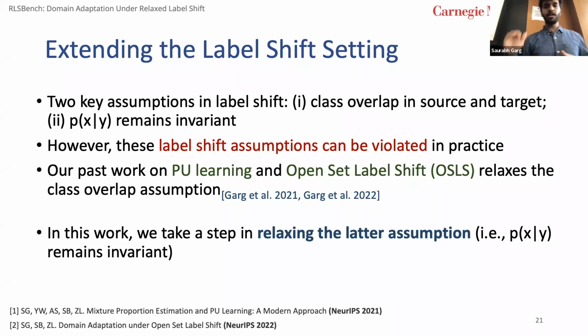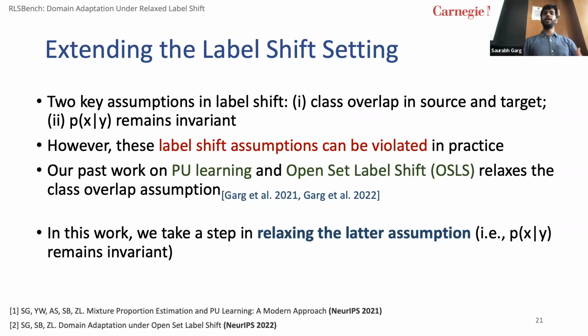We have some past work on PU learning and open set label shift that relaxes the class overlap assumption. So we can allow for previously unseen classes, and under some additional constraints on p of x given y from the new class, we can make sure those problems are well posed and there are solutions under those settings.